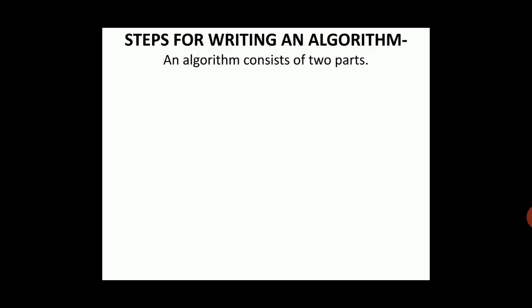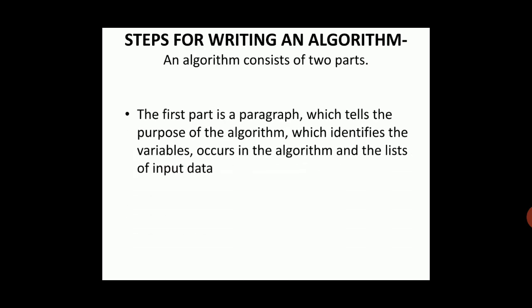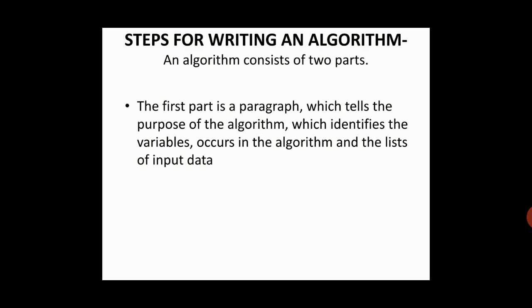We will also discuss written algorithms and analysis in the next video. Today we will properly, logically and theoretically discuss here. So we will discuss the steps for writing an algorithm, how to write a good algorithm. Basically two steps are considered.